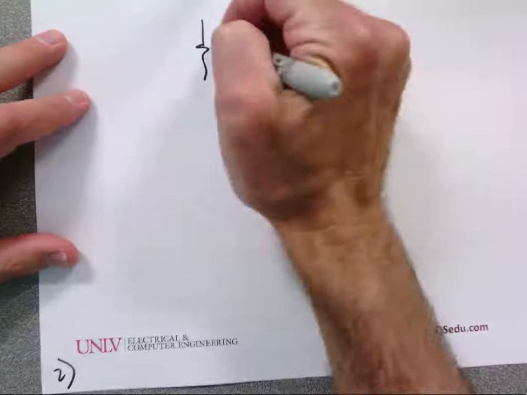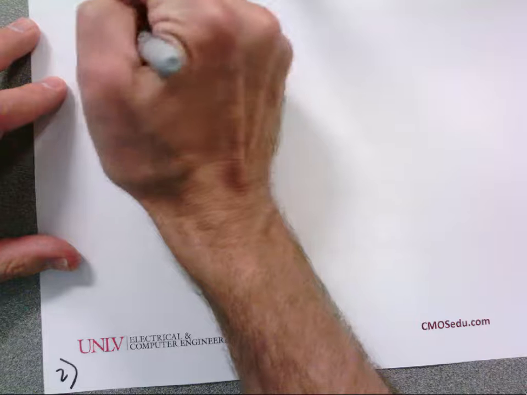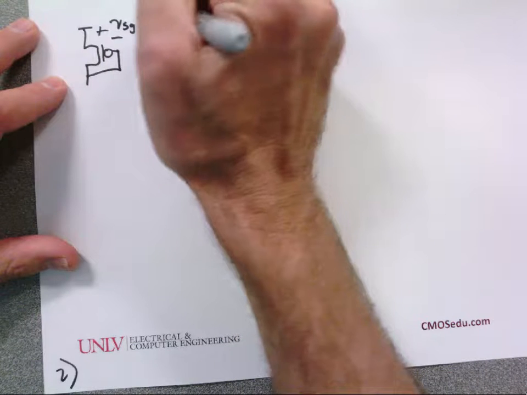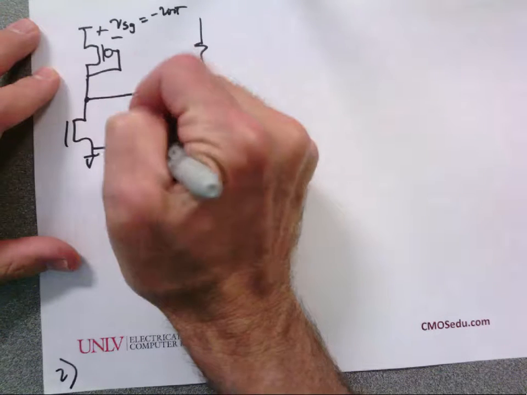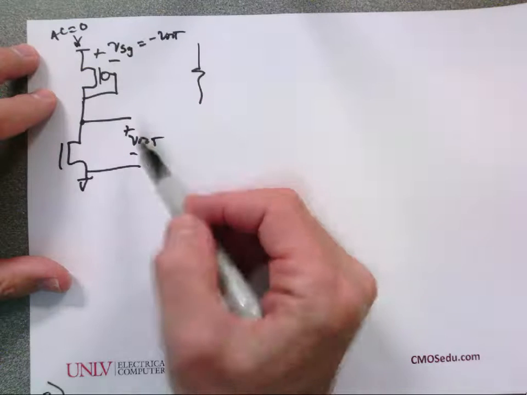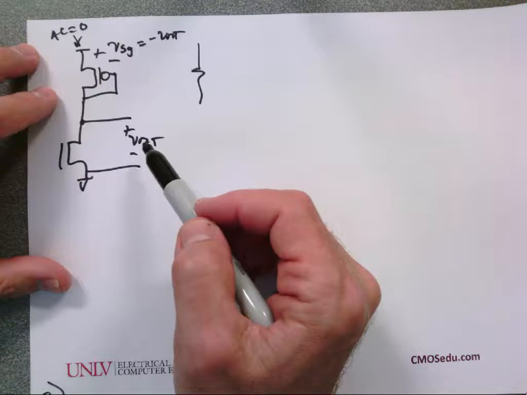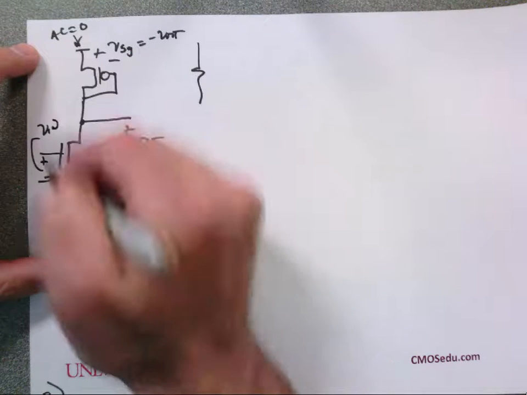So when I model the transistor, I model it like this. Would everybody agree that this is AC ground? Can't change that voltage. Would everybody agree VSG is equal to minus V out, VAC? Would everybody agree that I have plus minus V in equal to VGS?